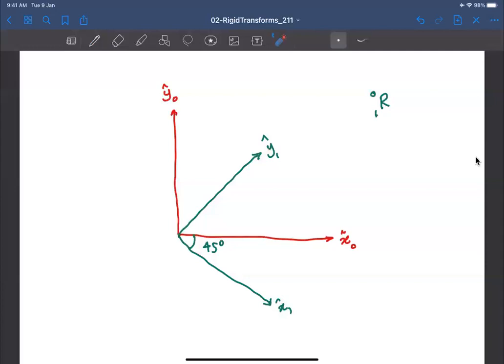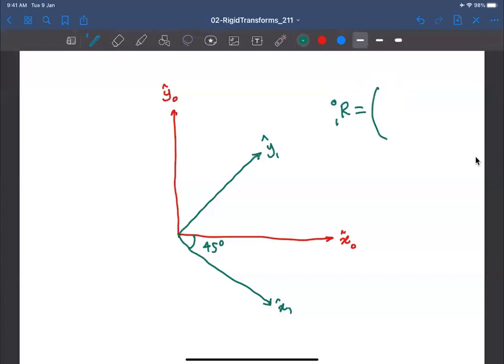So what we want to do now is to get the rotation matrix, and to get that, we are going to have to find the projections of x1 onto x0 and y0.